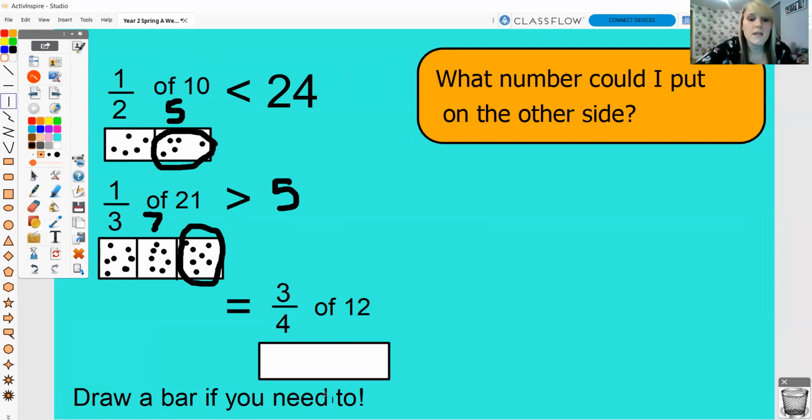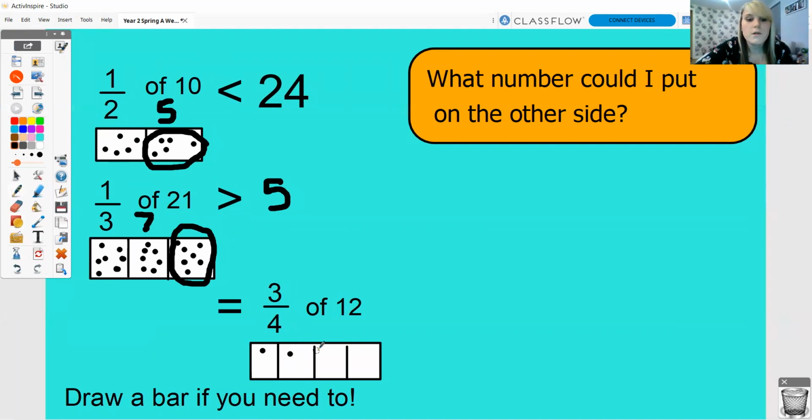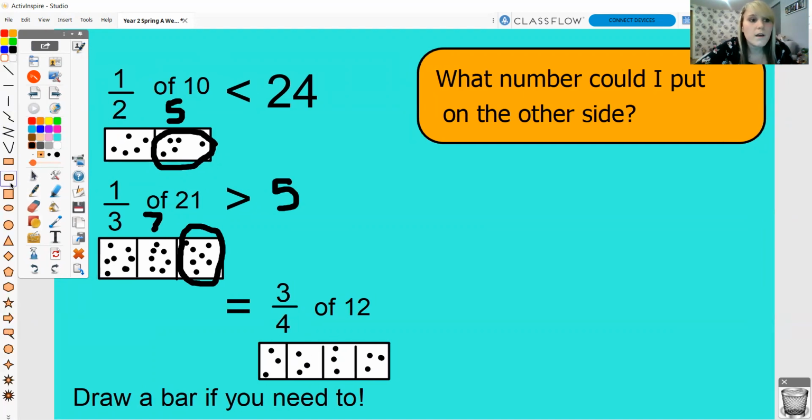And then here we have a number sentence which says 3/4, because we're dividing it into 4, 3/4 of 12. So we divide our bar into 4, we share out 12, 1, 2, 3, 4, 5, 6, 7, 8, 9, 10, 11, 12. And we're not just going to count 1/4, we are going to count 3/4.